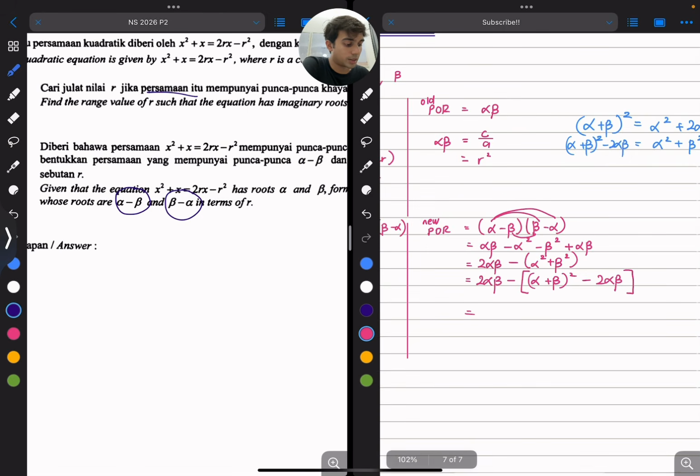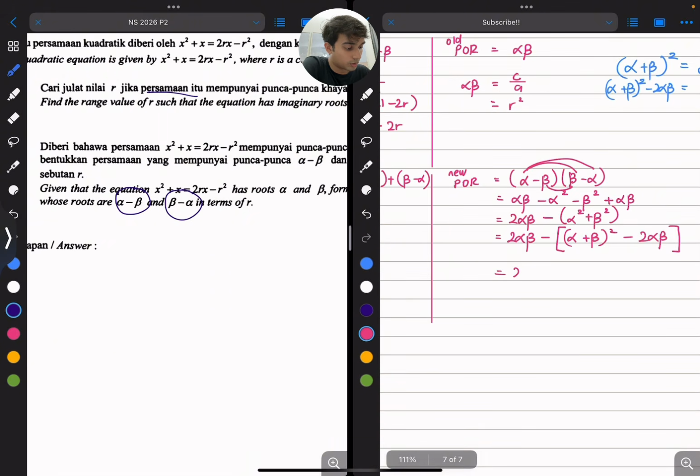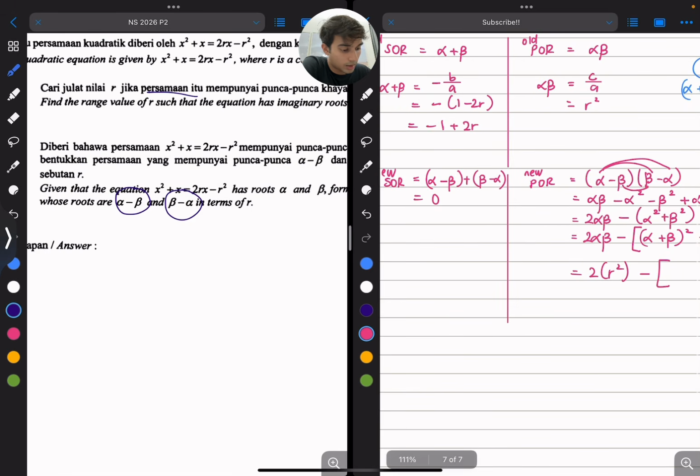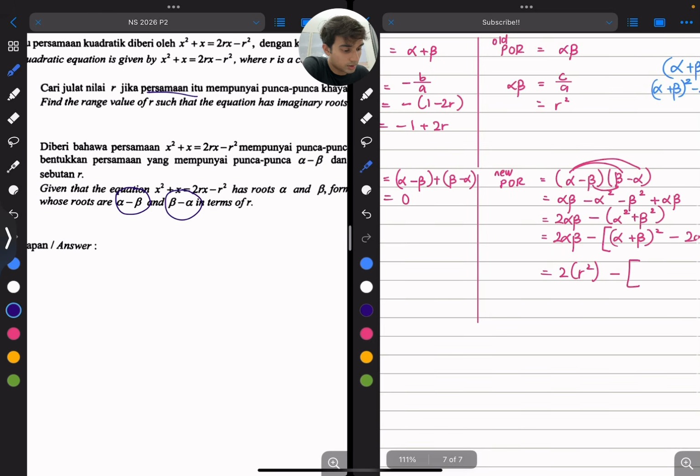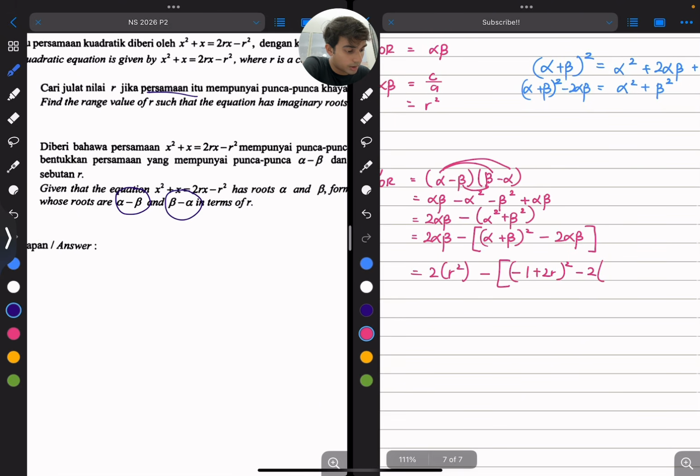Now we can sub in the values that we have. We have alpha beta is r square, so 2 r square. Alpha plus beta is this, so -1 plus 2r square. Alpha beta is r square, like this.